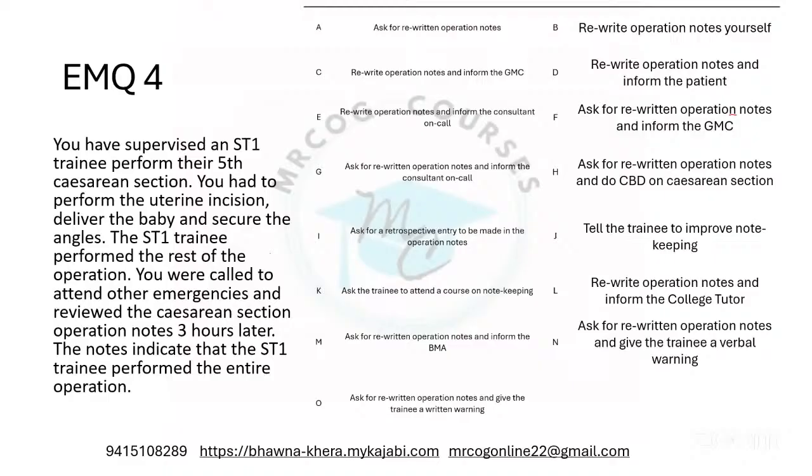The notes indicate that the ST1 trainee performed the entire operation. So here, the ST1 has done half of the operation, but in the notes he has mentioned that he has done the complete operation. So what to do?